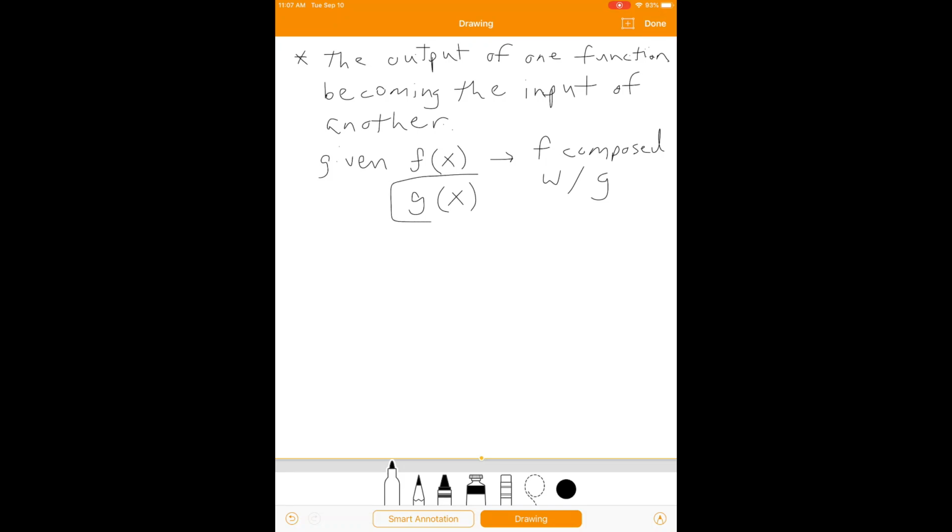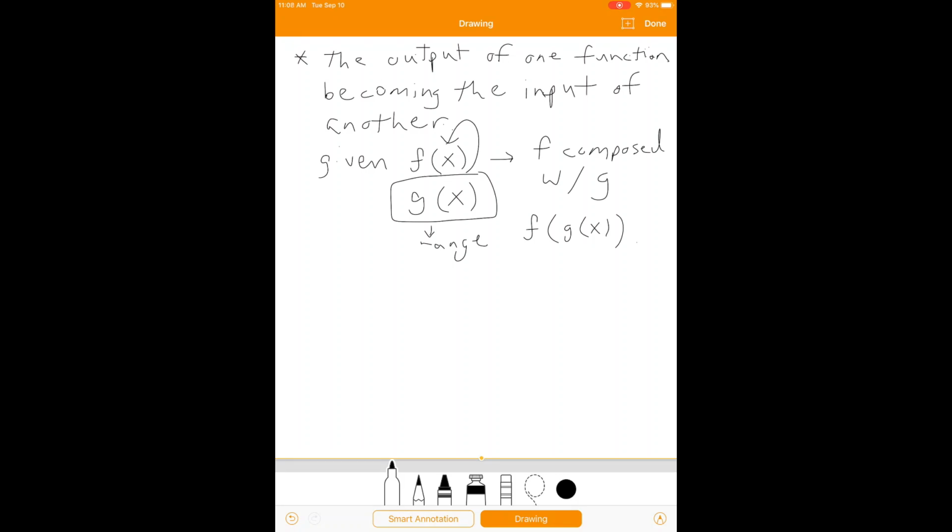So I'm taking the entire function g and all of those outputs, meaning our y values, the range, become the input in the argument for function f. This could be written with the same notation as f of g of x. And that's the first concept that we need to understand as we begin to work through these examples.